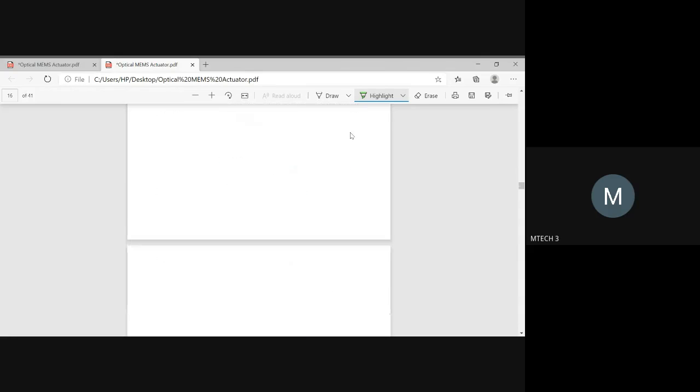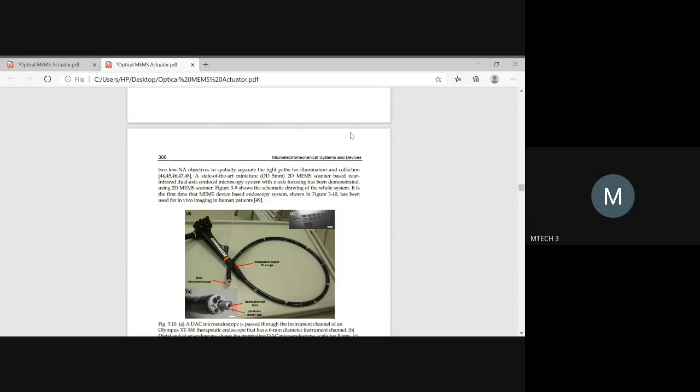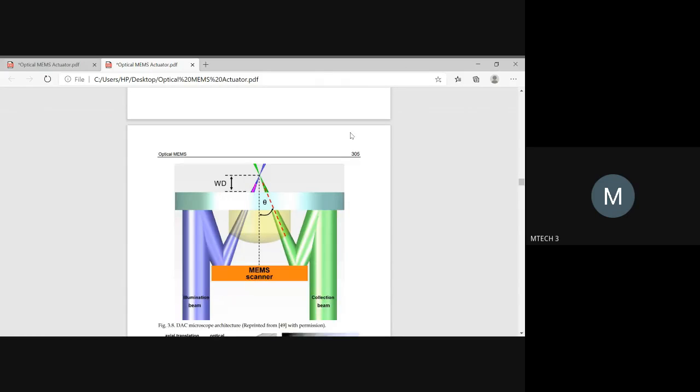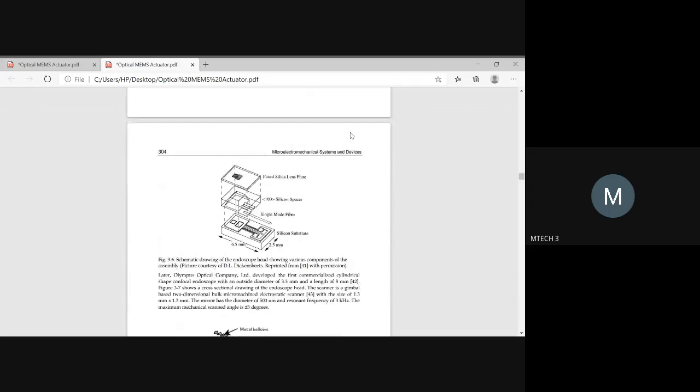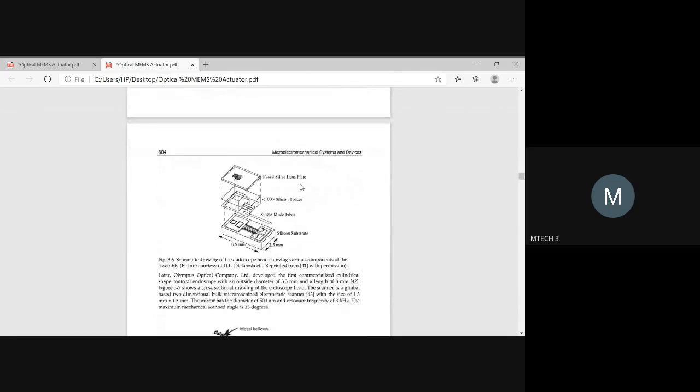So the main thing I have covered is the mechanisms involved in optical MEMS, and based on these mechanisms, the applications related to your syllabus. Apart from that, if you want to gain more knowledge, you are always welcome to go through this tomography principle. It also has some gist of MEMS.